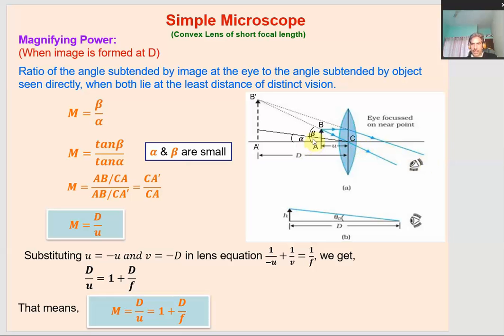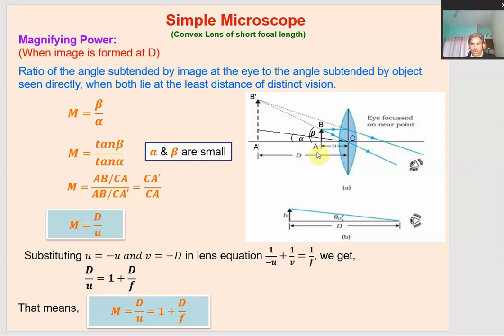The ratio of the angle made by the image to the angle made by the object is called the magnifying power, or the angular magnification, of this simple microscope when the final image is formed at the least distance of distinct vision.